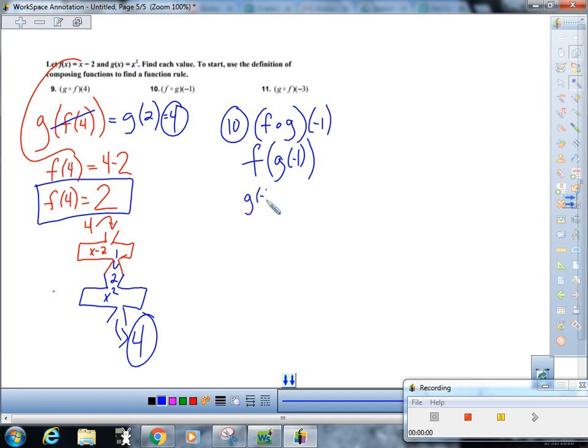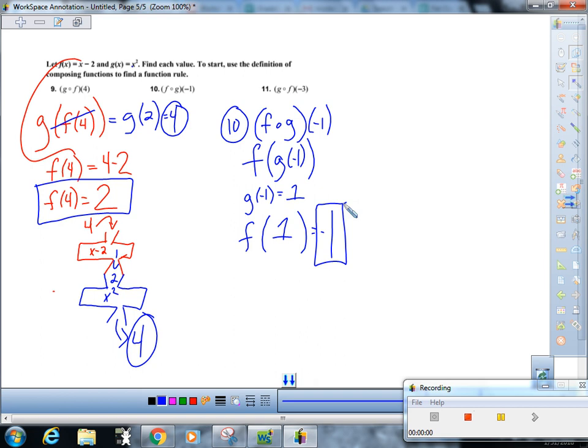So g of negative 1 is equal to positive 1. So now f of g of negative 1 is just f of 1. What's f of 1? It's 1 minus 2. So it's negative 1.